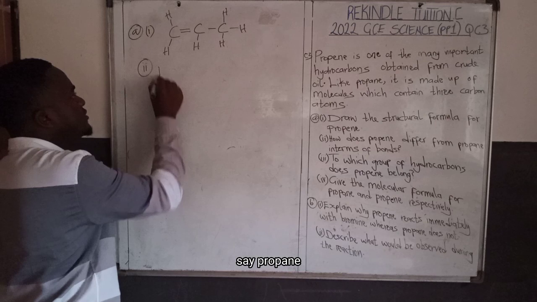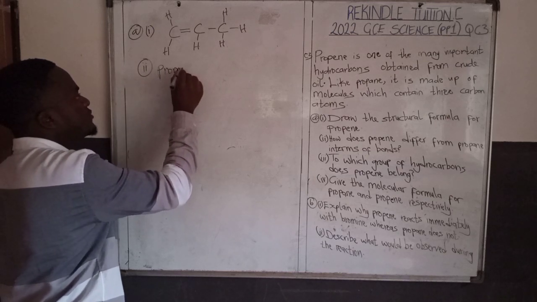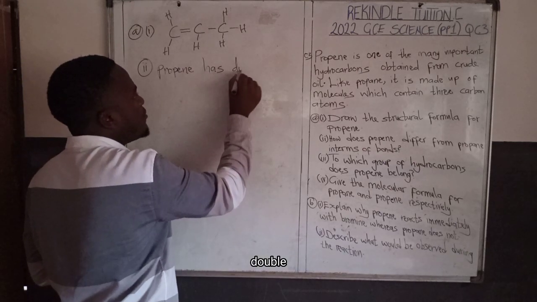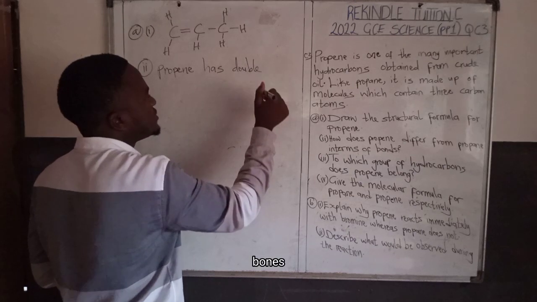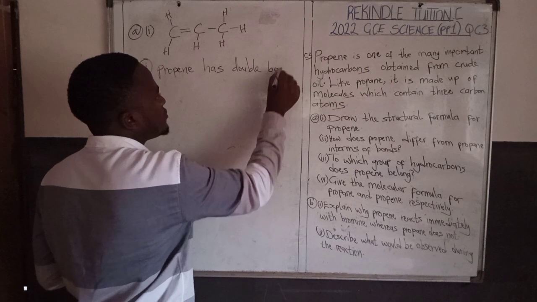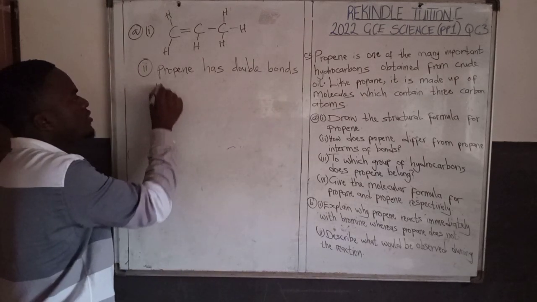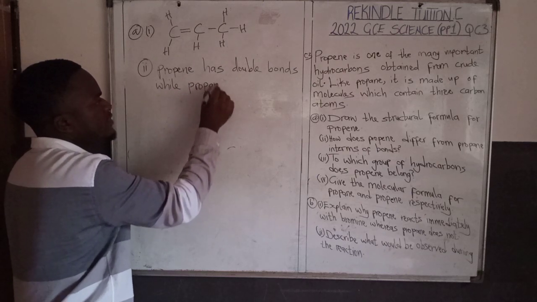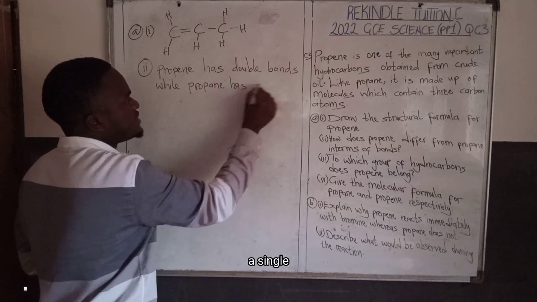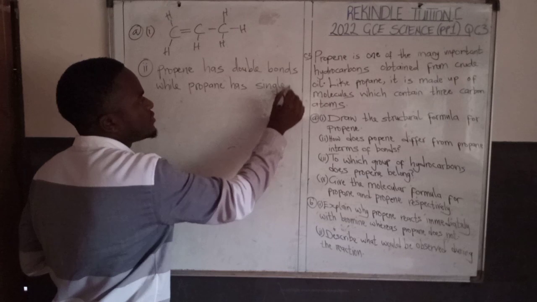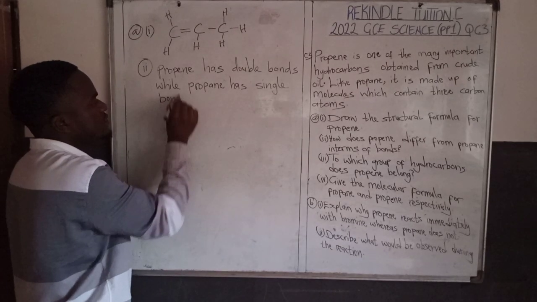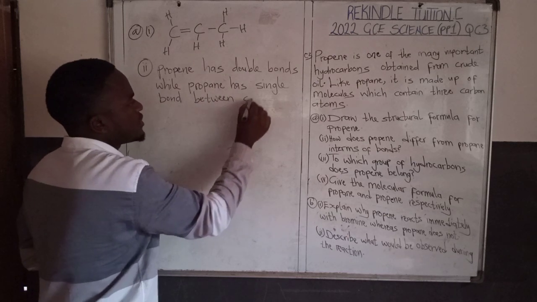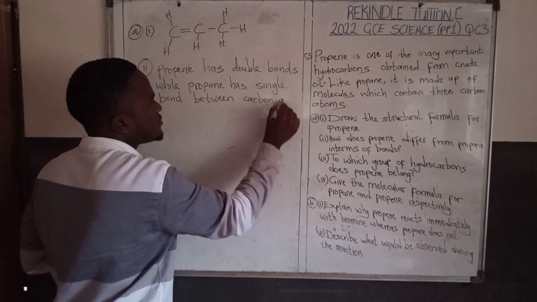So we'll say propene has double bonds, while propane has single bonds between carbon atoms.